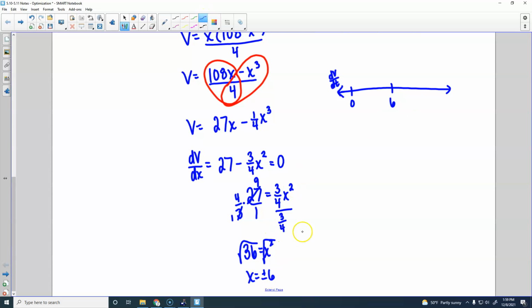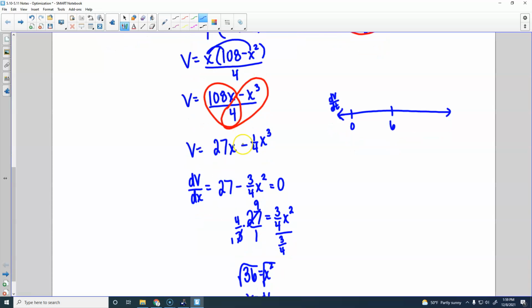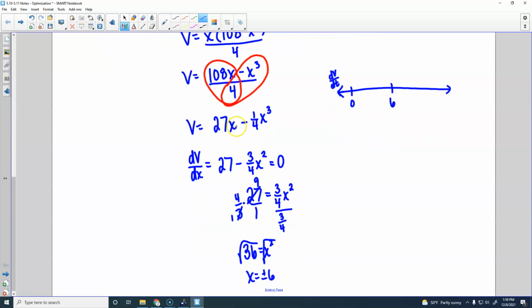If we plug in a number between 0 and 6, such as 1, we get 27 minus 3/4, that is going to be positive.